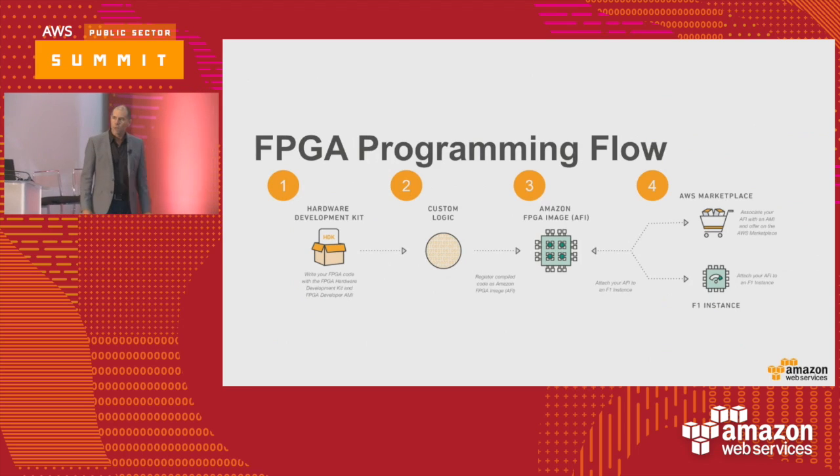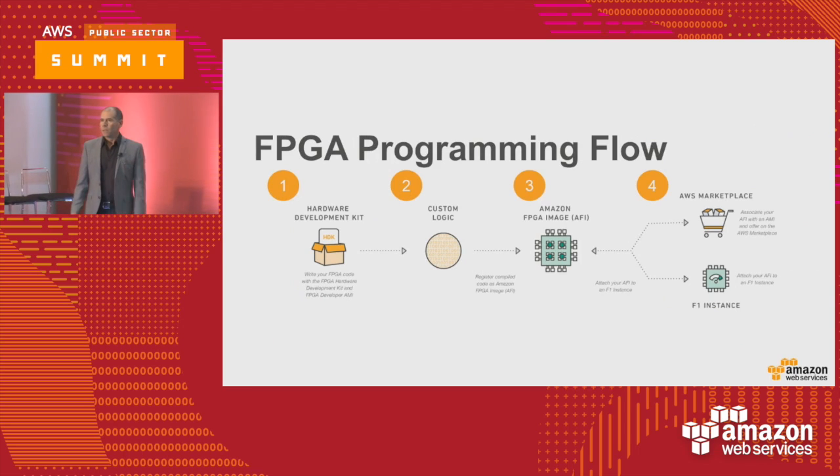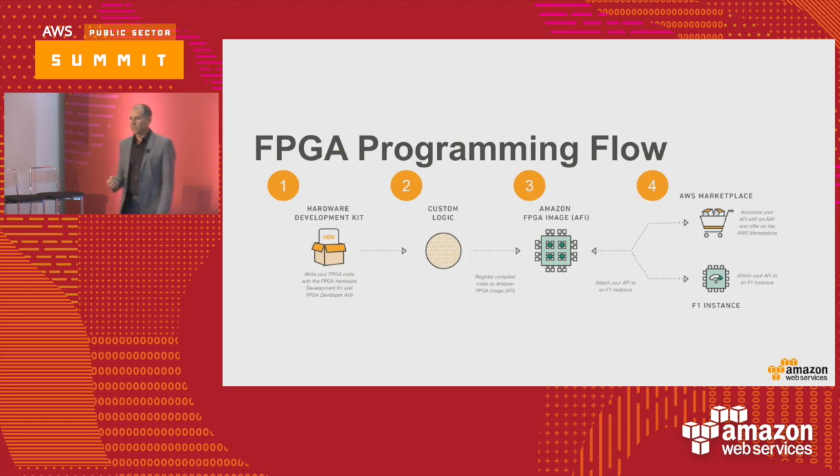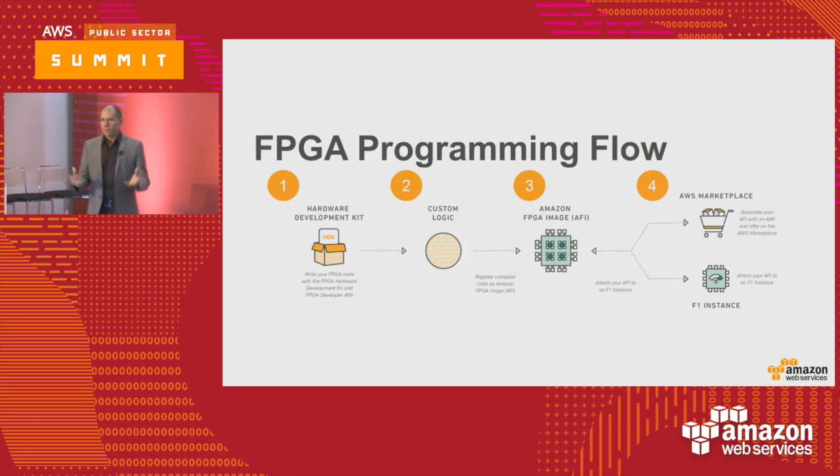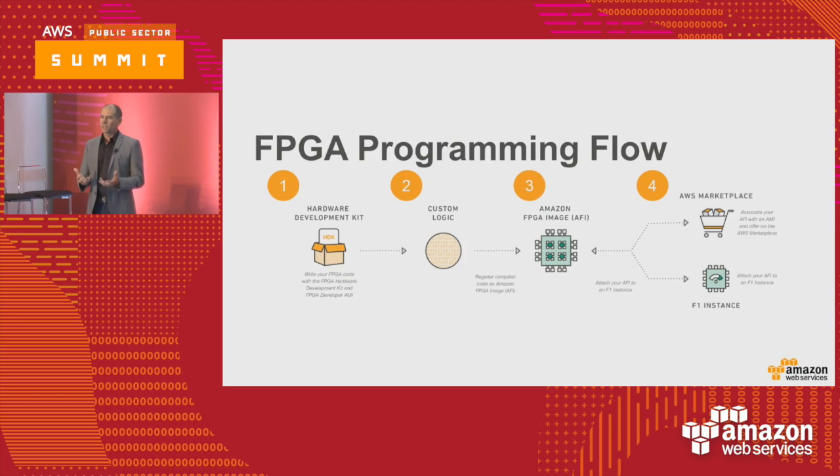I'm going to very quickly walk through the FPGA programming flow. There are 2 webinars available on the AWS YouTube channel where you can access more details on these. And as I'll describe, there are also resources, for example, on GitHub that you can go deeper into. So I just want to summarize the 4 basic steps. The first step is to develop the hardware for your FPGA, the accelerator itself.